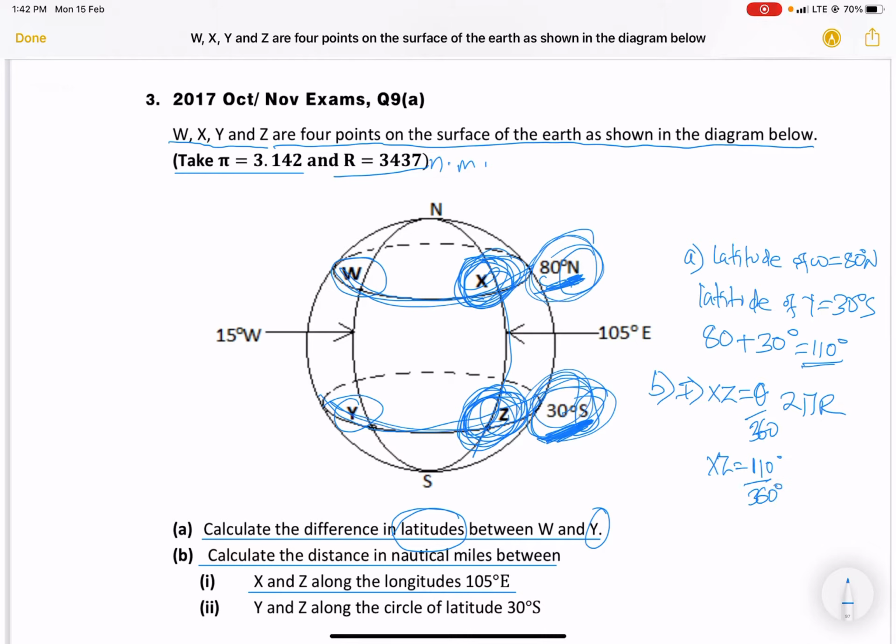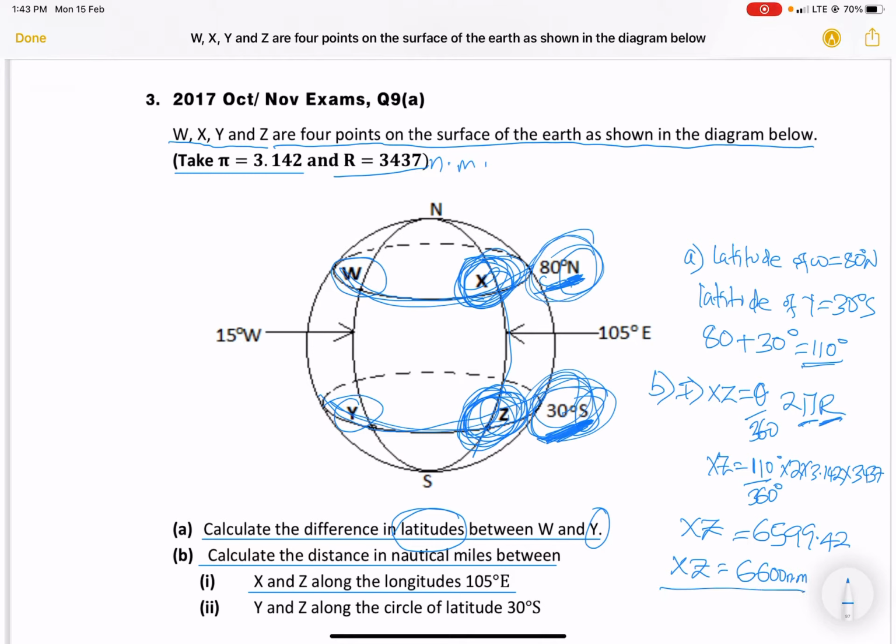We plug these in on the calculator. It will give us 6,599.42, which we can round off. So XZ is equal to 6,600 nautical miles.